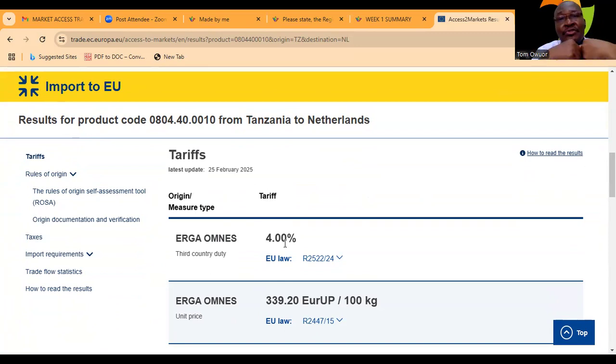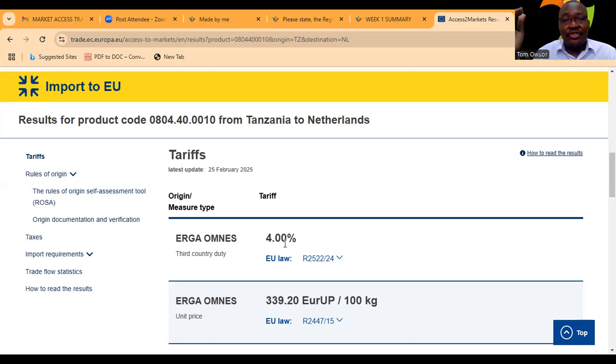So you can use this to play around with the various products and services that we offer, to know the various tax regimes for the various market destinations. It is not just focused on the Netherlands or the European Union market. It focuses on all countries across the globe.